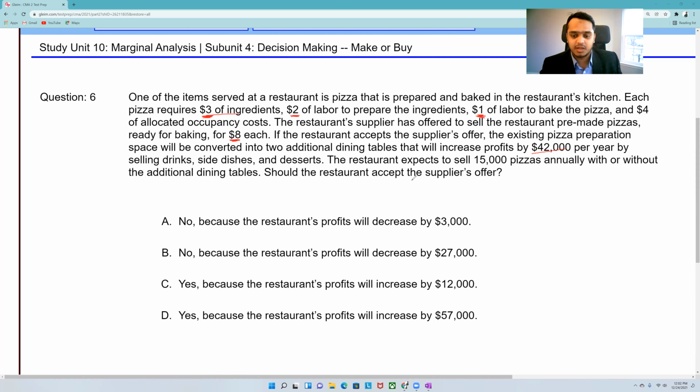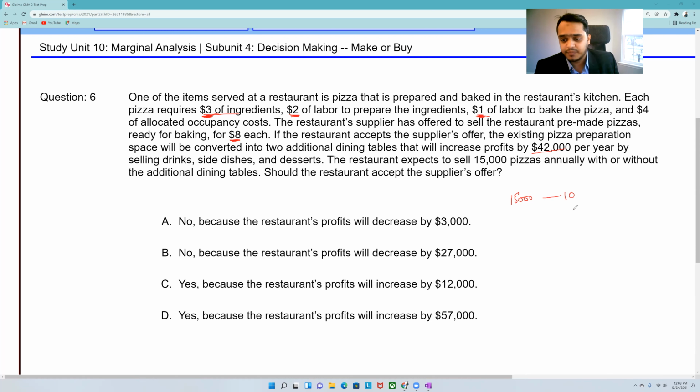Let us start doing this particular problem. So you are going to sell 15,000 pizzas. If I'm going to sell these 15,000 pizzas without accepting the offer, what would be the cost I would be incurring here? 3, 2, 1, and 4. So in short, I'll be incurring a cost of $10.